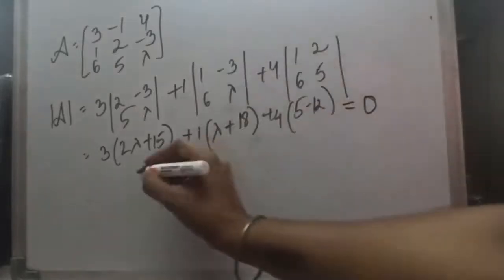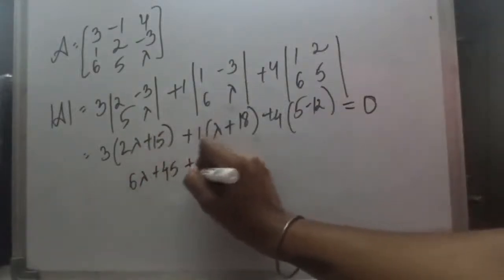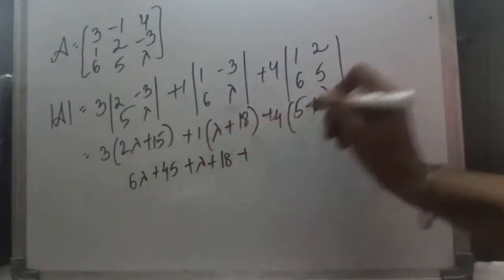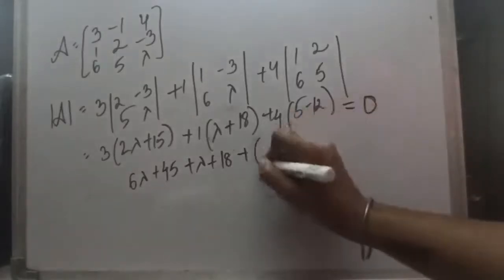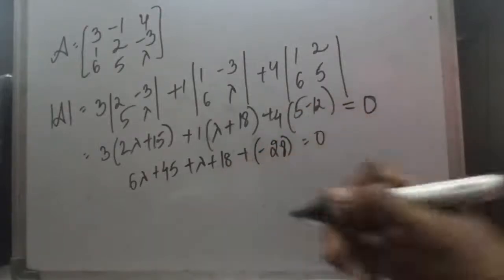So from here let us find out lambda. 6 lambda plus 45 plus lambda plus 18 plus, it will be minus 7 into 4, so minus 28.